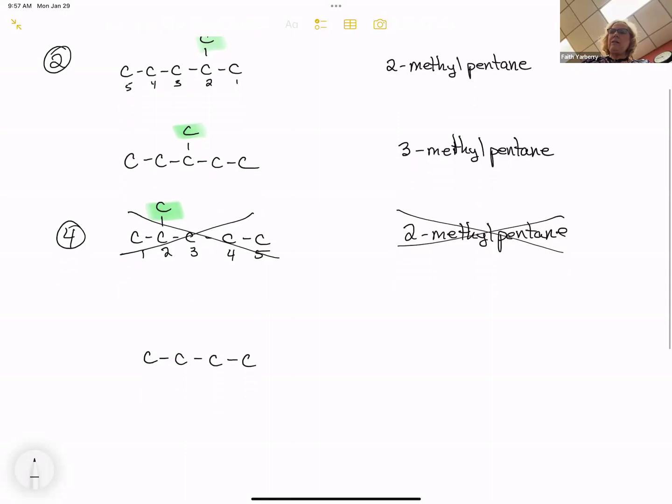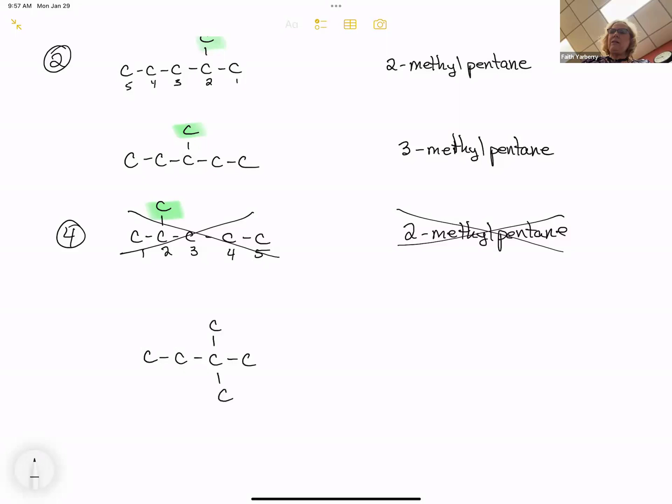Now, you can move them so that they're on the same carbon. Or you could move them where they're on different carbons.